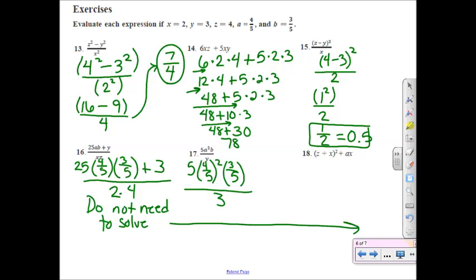Moving on to 18, we have Z is 4, X is 2 squared, plus A is 4/5 times X, which is 2.